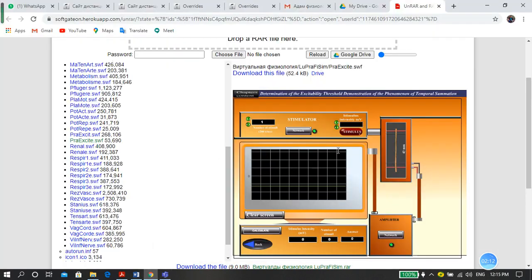And here I increase the stimuli by 0.1. I give a stimulus, no action potential, and I increase to 1, no action potential, 1.1 no, 1.2 no. Yeah, I increased, maybe we have an action potential at some point.